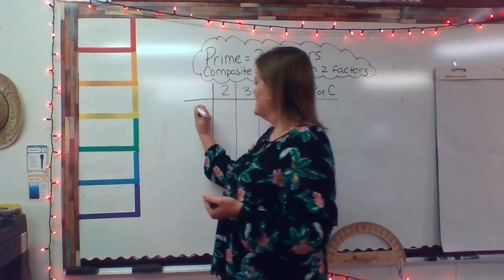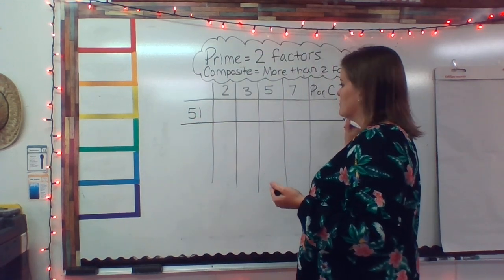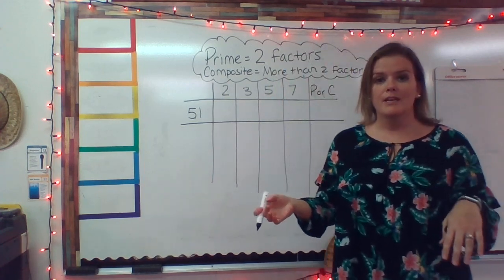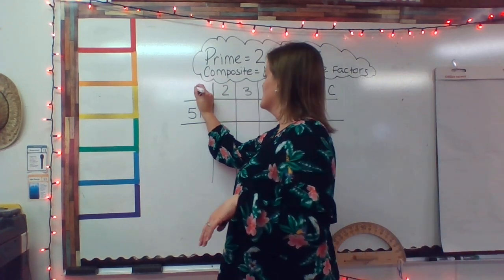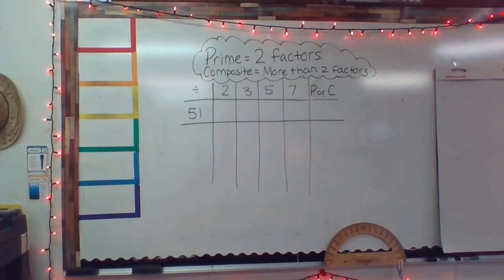So if I have a number like 51, and I don't really know right offhand if 51 is prime or composite, the good news is I can use this divisibility chart.